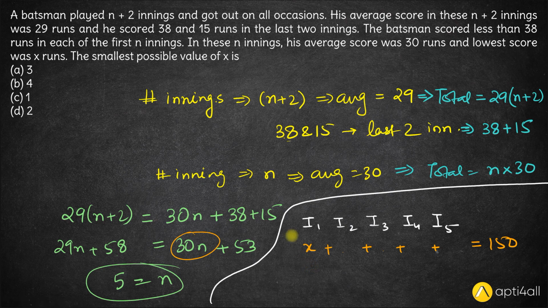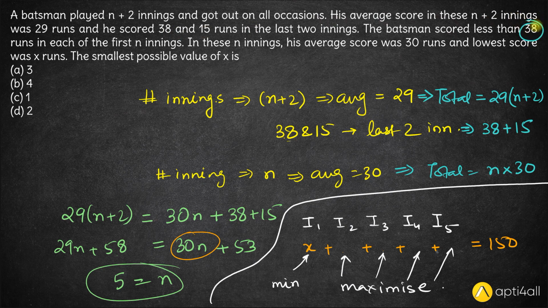Now if we want to minimize x, we need to maximize the value of the other 4 innings, right? Since the sum of all these 5 is constant, to minimize this I need to maximize the value of all these innings. Now what can be the maximum runs he can score in each of these 4 innings? He has to score less than 38 runs.